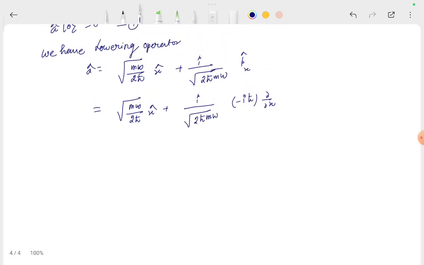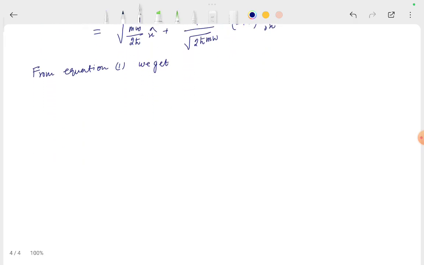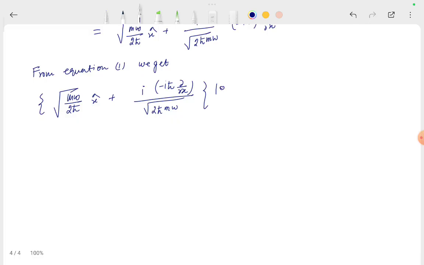So now from equation 1, we get m omega upon 2h cut x cap plus i minus i h cut del del x upon 2h cut m omega, 0 ket is equals to 0.